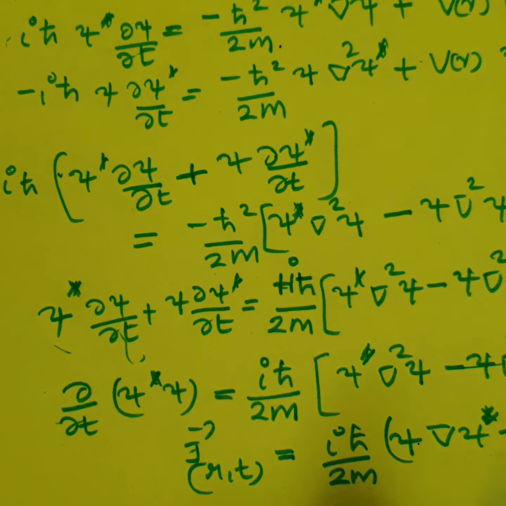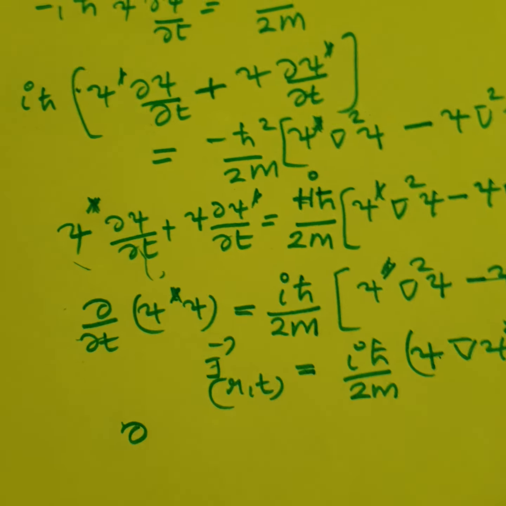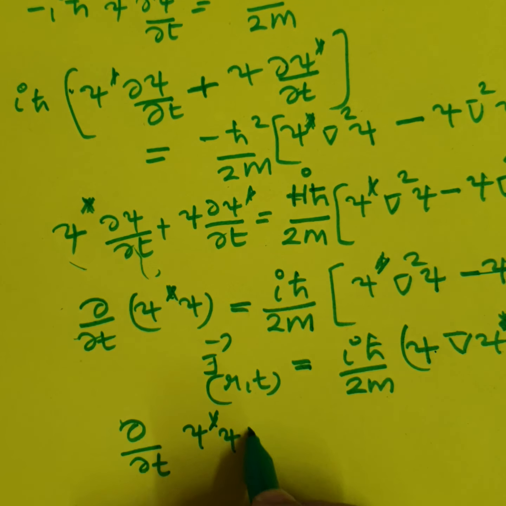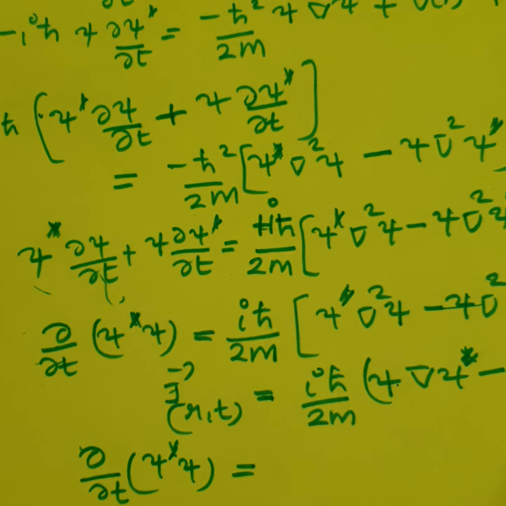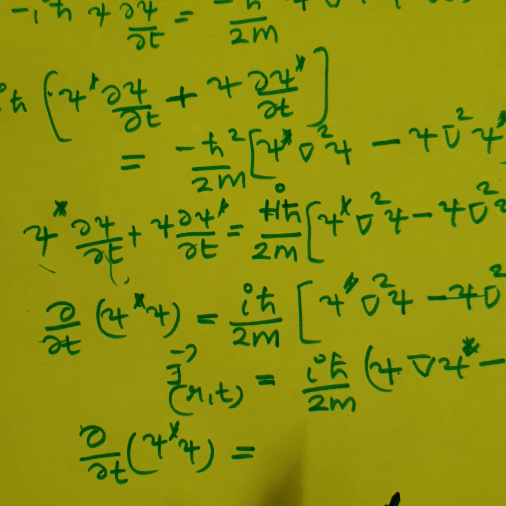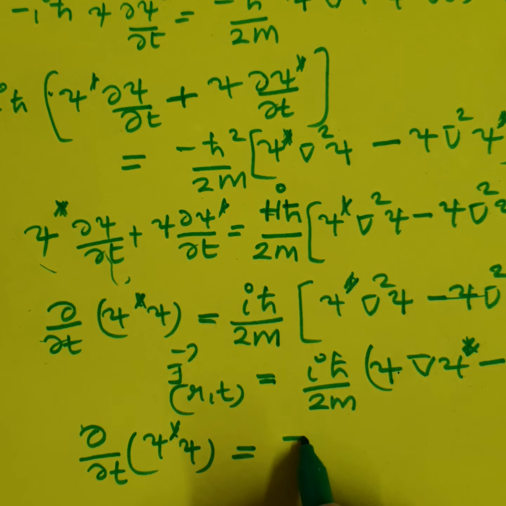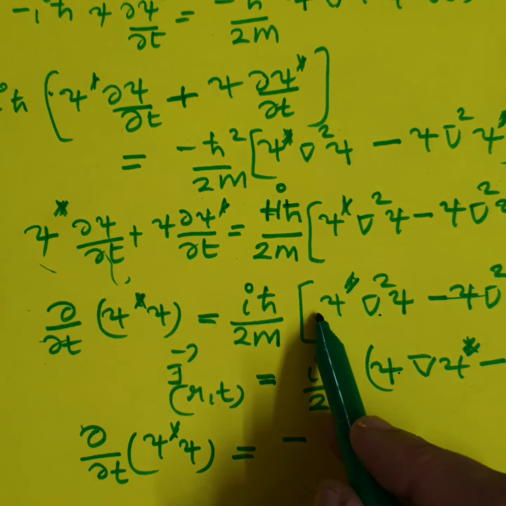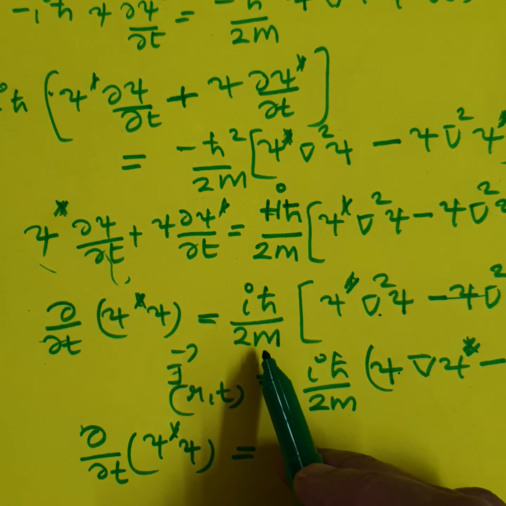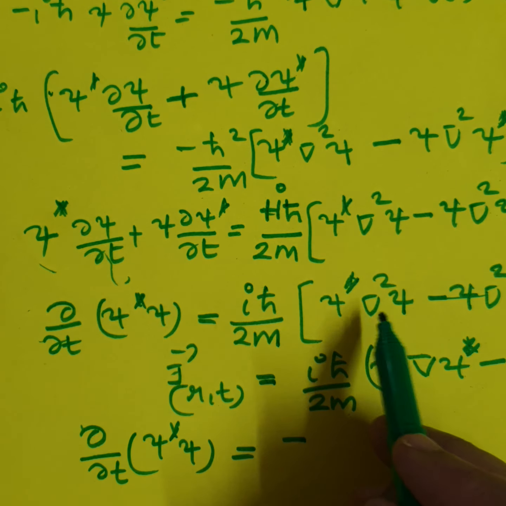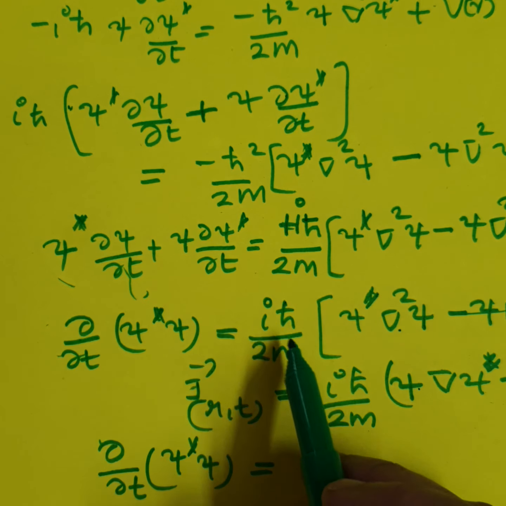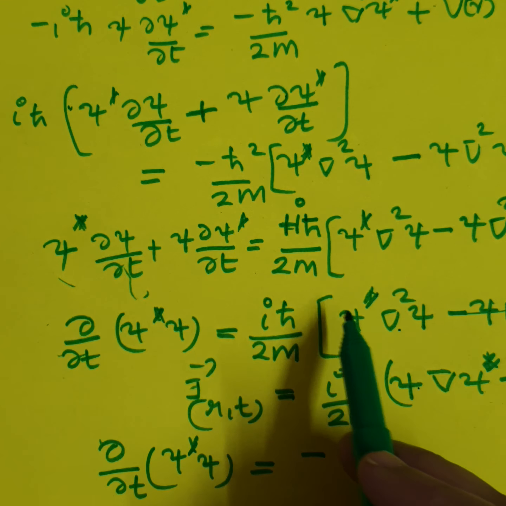Then it will become ∂/∂t of psi star psi equal to minus, this is ∇²psi. This can be written as iħ/2m into ∇ dot (psi star ∇psi minus psi ∇psi star).